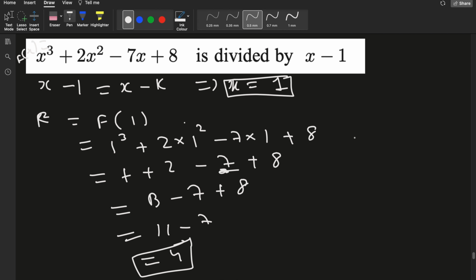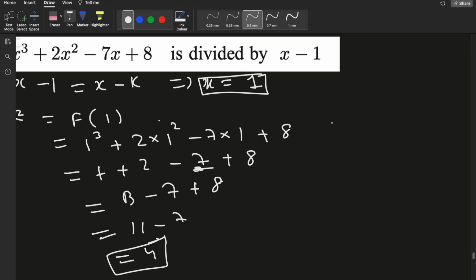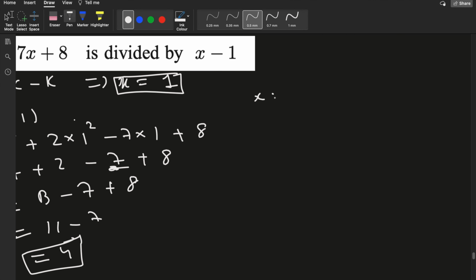Okay, so let us actually do the long division to ensure that the statement we have gotten is actually true. So let's do this. You know the drill. Divisor, I will do it in a different color.